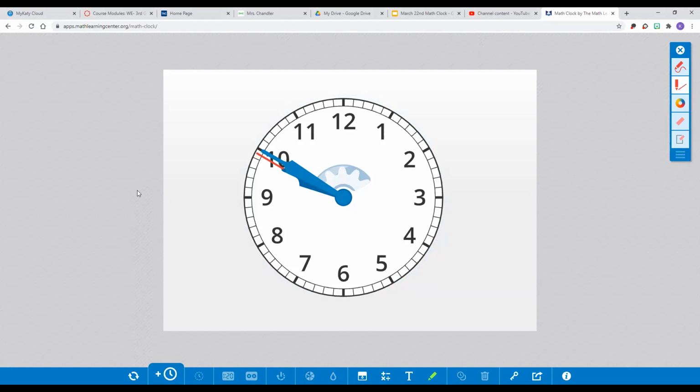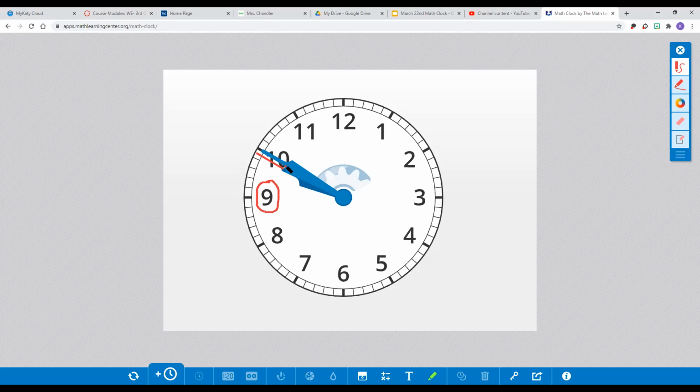No. Dimitri, I use my pencil as the hour hand, then I pointed at the hour hand, and it wasn't pointing at the 10. Awesome.